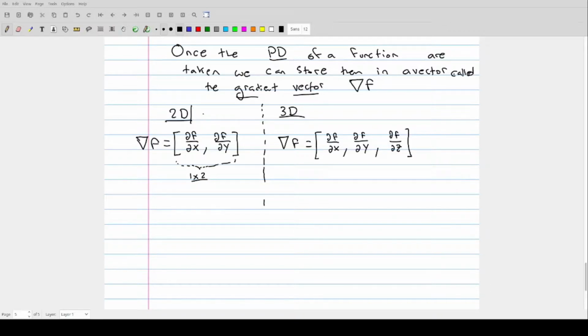So in 2D, it's a function of two variables. In 3D, we're dealing with functions of three variables. You can do the gradient vector and the partial derivatives for a function of any number of variables.